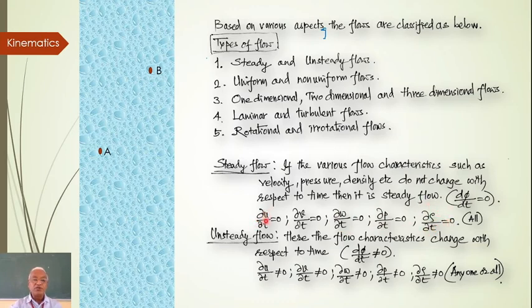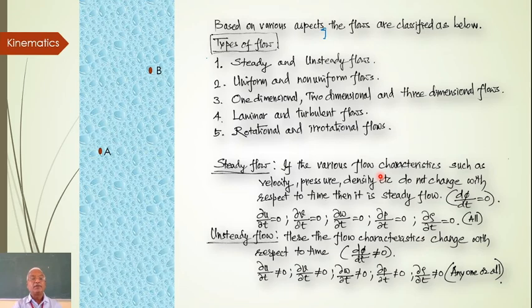Change with respect to time, that is what differentiation is. So ∂u/∂t equals 0, and similarly all of these up to ∂ρ/∂t. Rho is density, p is pressure, u, v, omega are the components of velocity. Now all of them are equal to 0, which represents that it is steady. Steady means there should not be any change with respect to time at a particular point.